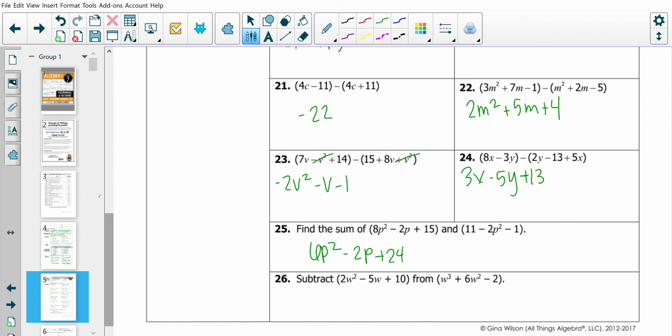Okay. Subtract that trinomial from this one means I should put this one where? At the end. Okay. It has to be behind your minus sign. 3w squared minus 5w plus 10. Okay. So what do I have to begin with? W cubed.